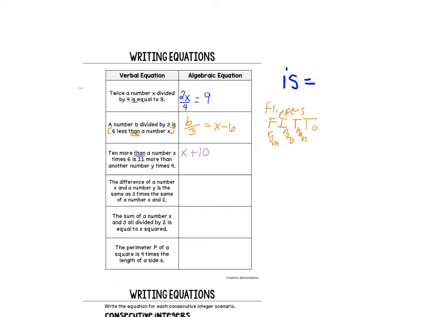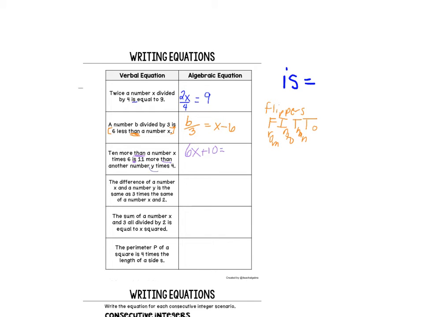I missed this part. Times 6. Well, we got to scoot it down a little bit because I need some more space. x plus 10, a number x times 6, so 6x, is, let's go ahead and underline the "is," 11 more than, a flipper, another number y times 4.